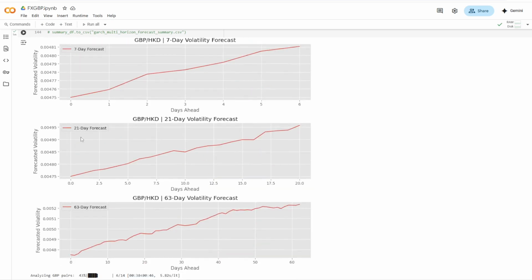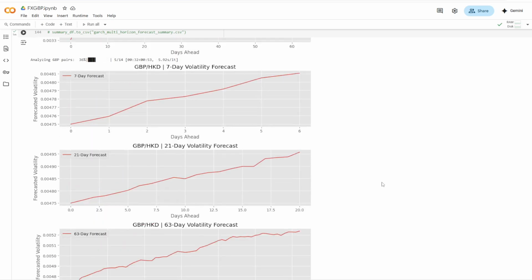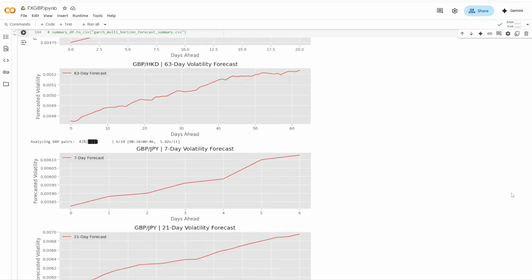Okay, so we are still always talking about what seems very minute scale numbers, like 0.4%, 0.5% conditional vol, but it's not as little as you may presume.